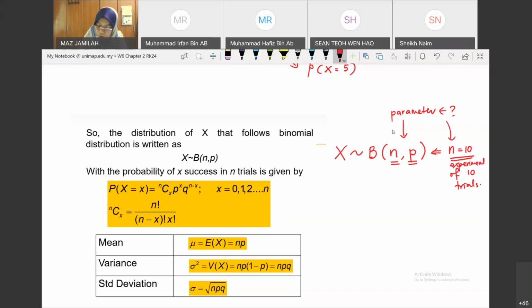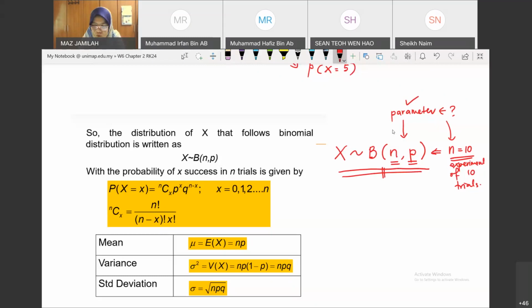Later on, you will see different types of distribution and they will again involve the parameters of that particular random variable. Now, X is binomially distributed with n trials and probability of success p, and this p is what we call the probability.